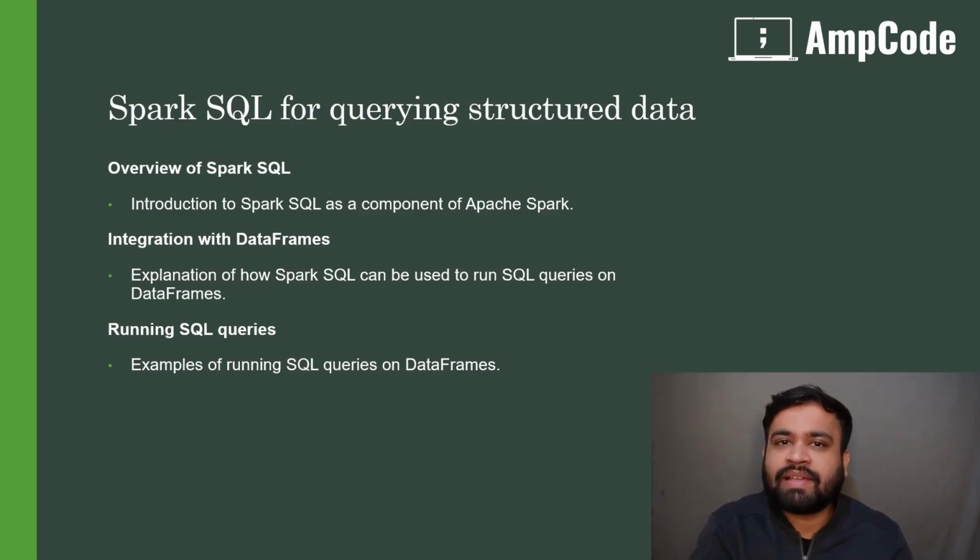In the last lecture, we already created a data frame on top of a CSV file, and we just saw the count and the schema of the data frame. But it's time to run some Spark SQL queries as well as some data frame operations on top of that file. So just head back to the Jupyter notebook and continue with our code.